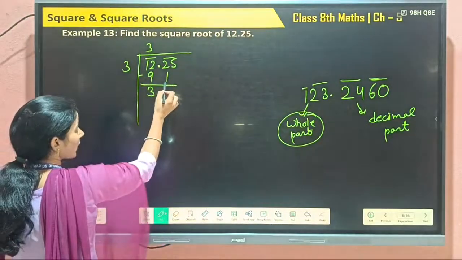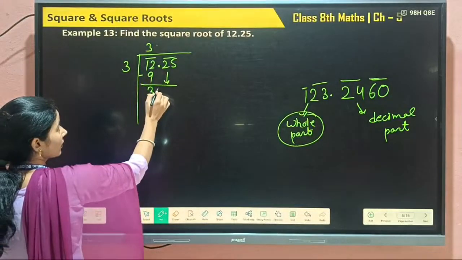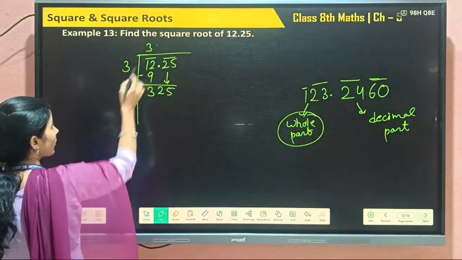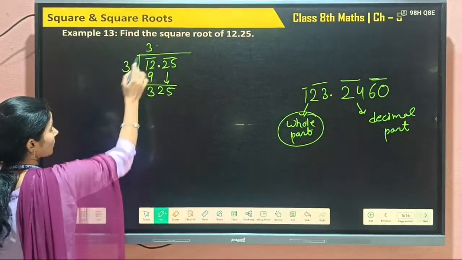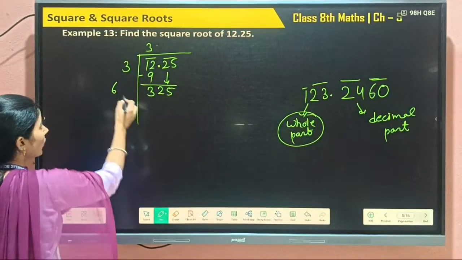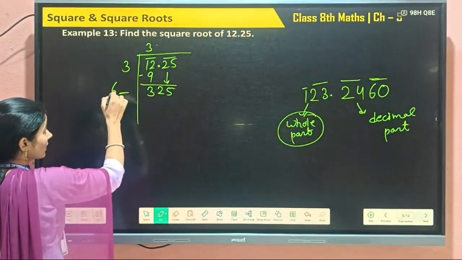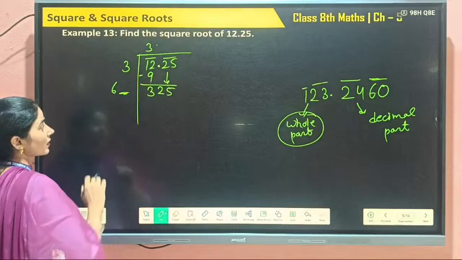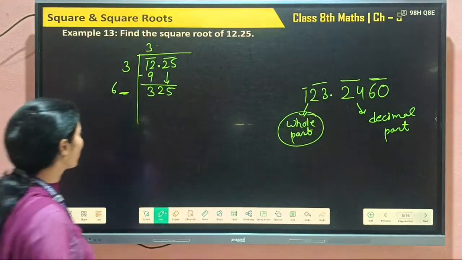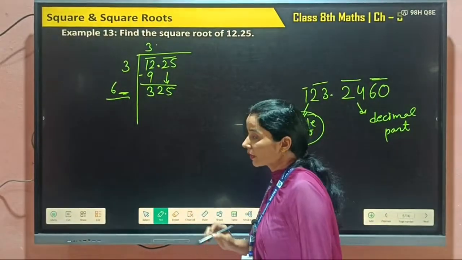Before carrying down the next pair, there is a decimal, so insert the decimal point. Carry down 25. Now write double of this quotient, which is 6, and insert this 6 leaving a blank at its right side. Now think of a number whose multiplication with this number will be less than or equal to 325.